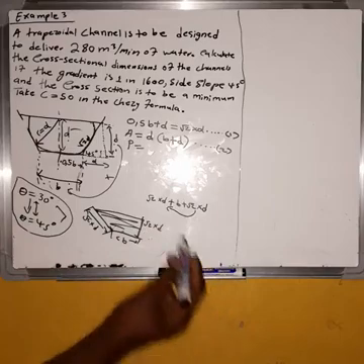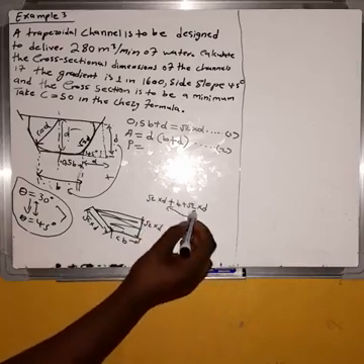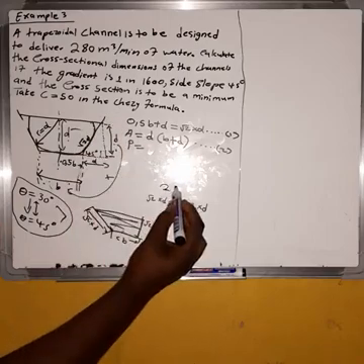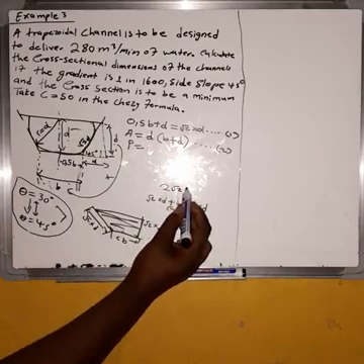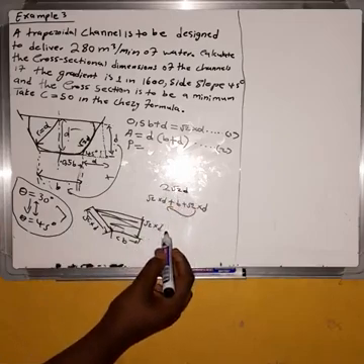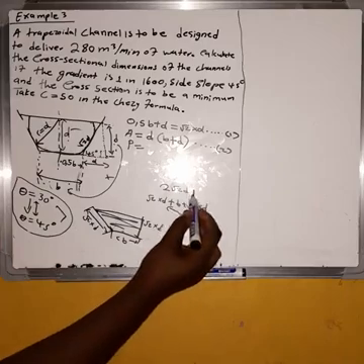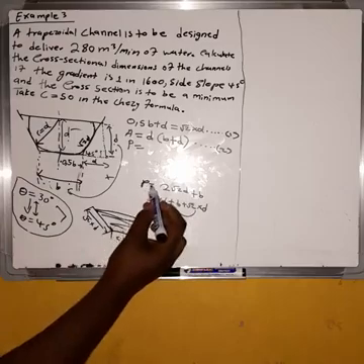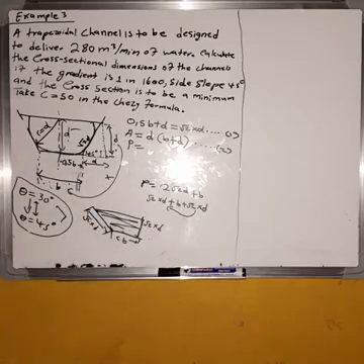You add those, and it will be 2 root 2 d plus b. This is how we derive p, the perimeter. So you must know this formula.